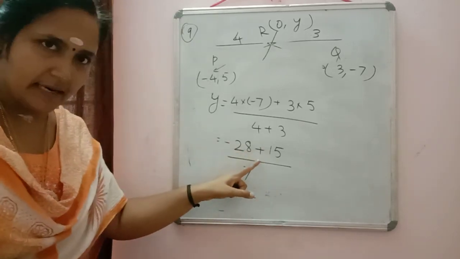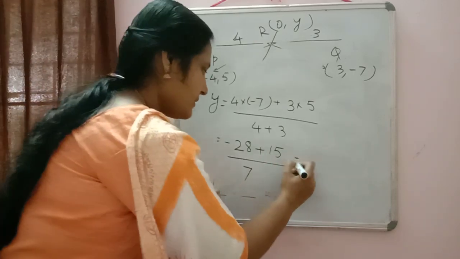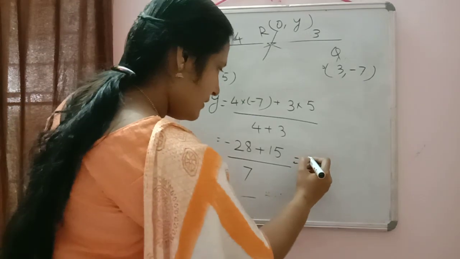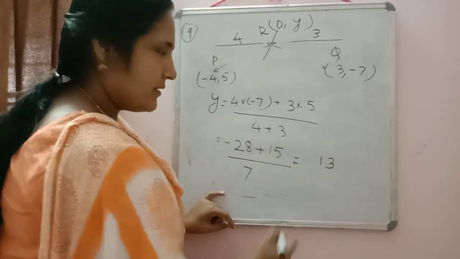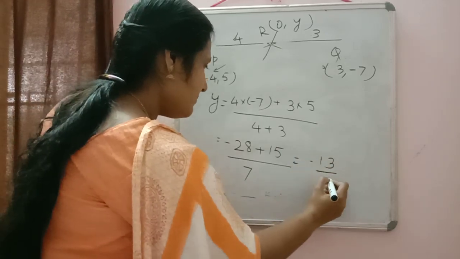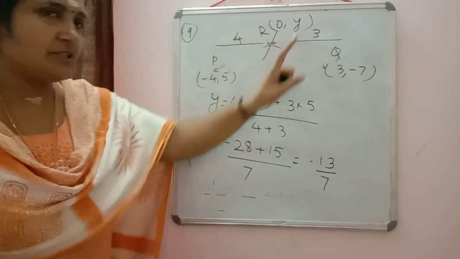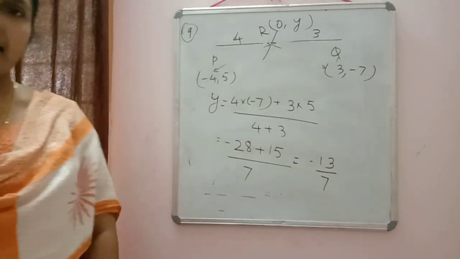Again they are in addition, that's why cancellation not possible. Minus 28 plus 15 will be equal to minus 13 by 7. So we got the ratio as 4 is to 3 and we got the y coordinate as minus 13 by 7.